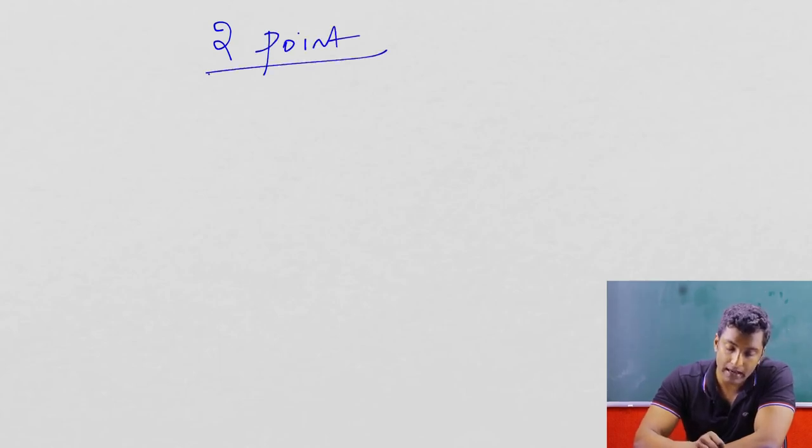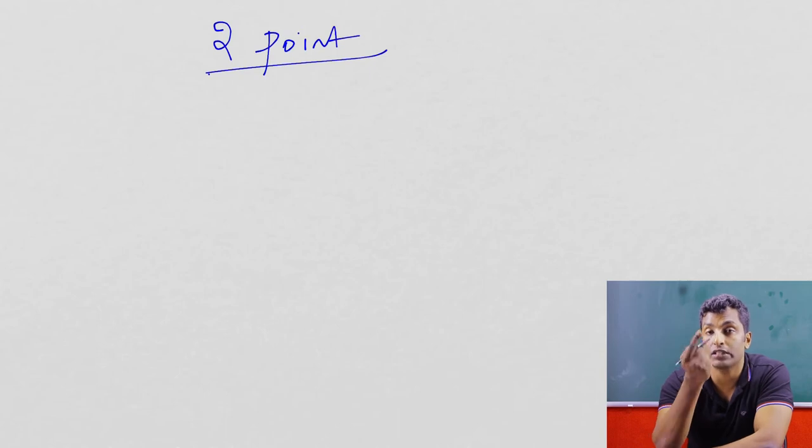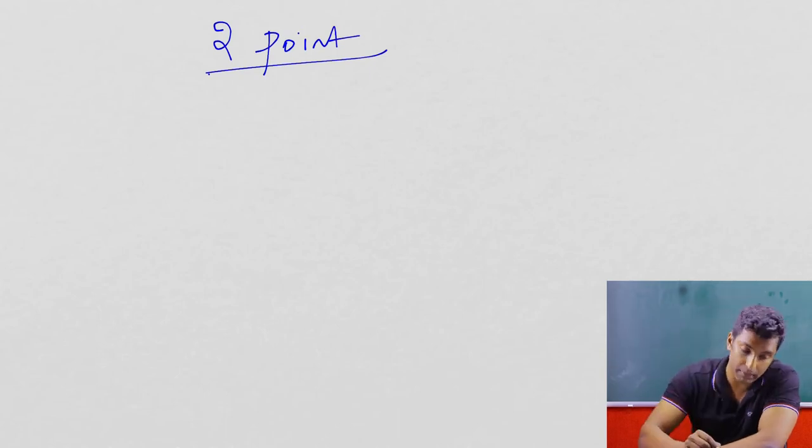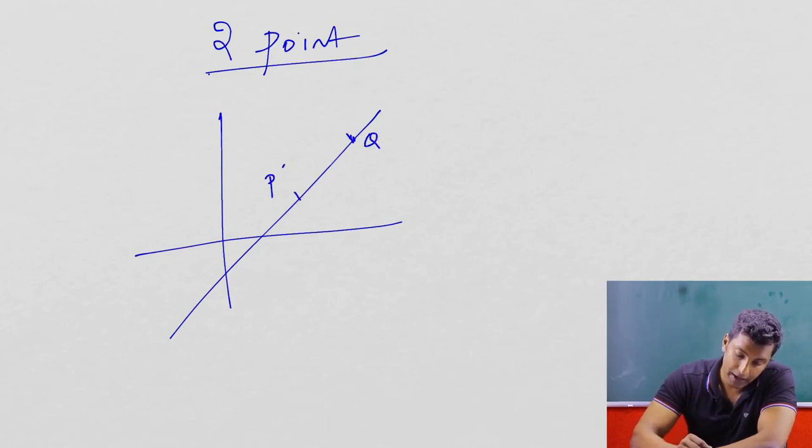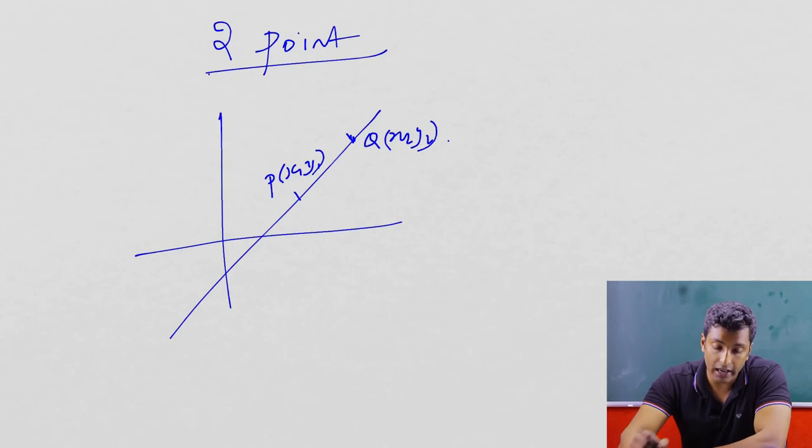So 2-point form means 2 points will be given. In the point-slope form, one slope and one point is given, so here 2 points will be given. If I take my straight line like this, this is my point Q and this is my point P, P being x1, y1 and Q being x2, y2. So this is given to you. Can you find the straight line?